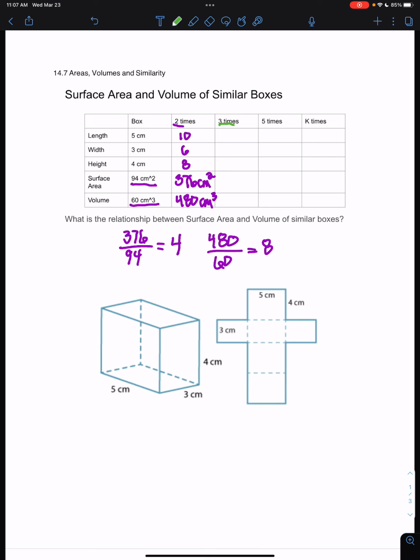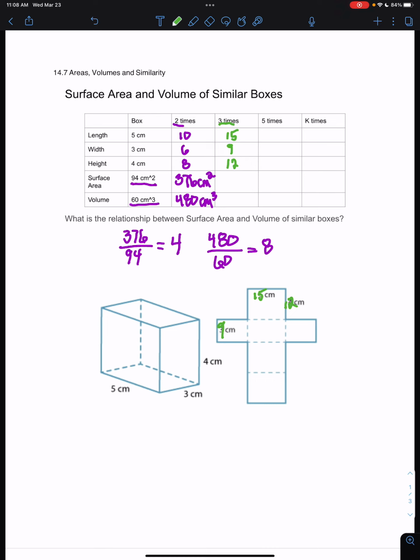So we're doing a scale factor of 3. So instead of 5 for the length, we have 15. 3 for the width, we have 9. 4 for the height, we have 12. So let's change our numbers. Here we have 15, here we have 12, and here we have 9.